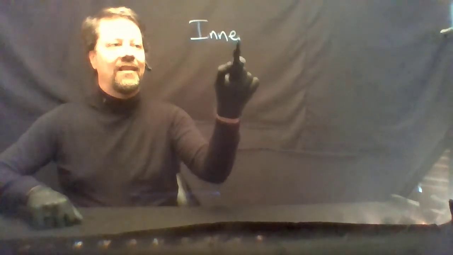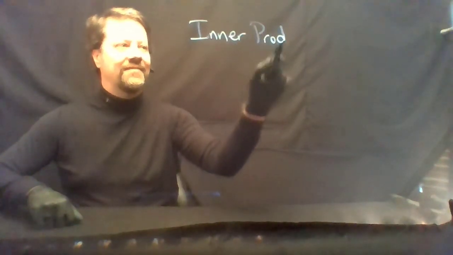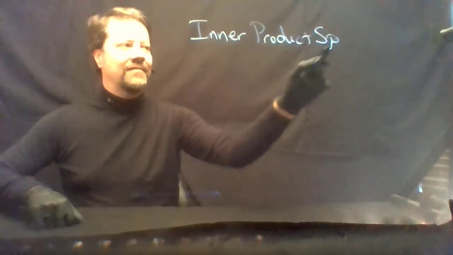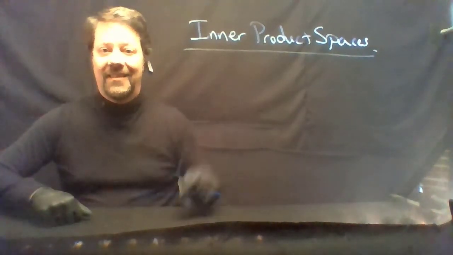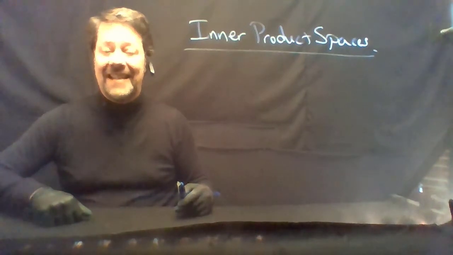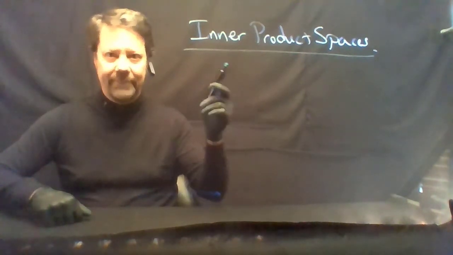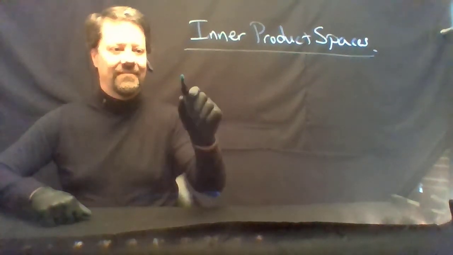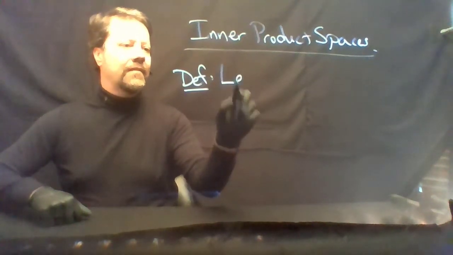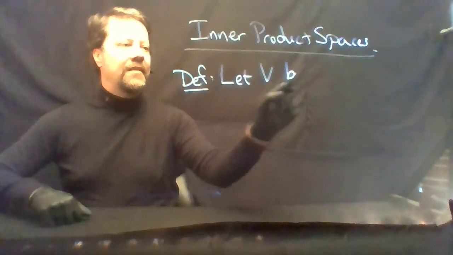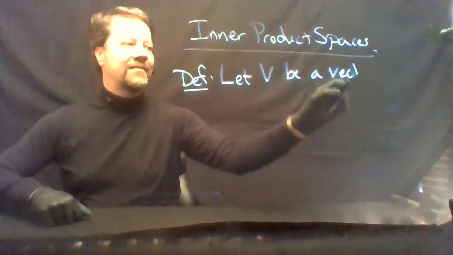We're now going to talk about inner product spaces. Our experience with the Euclidean dot product was a warm-up to this more general concept. Let V be a vector space.